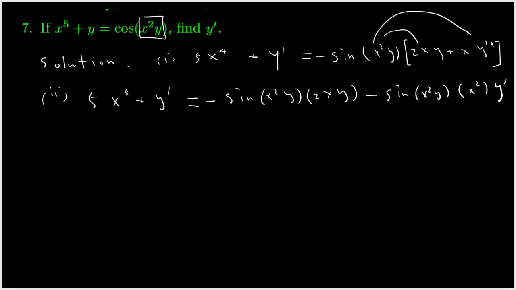Probably I did not write that super clearly, but I had x squared. I had y prime here, so that's what I meant. Okay. Now do you see it's easier to isolate y prime now? Leave all the terms involving a factor of y prime on one side of the equation.